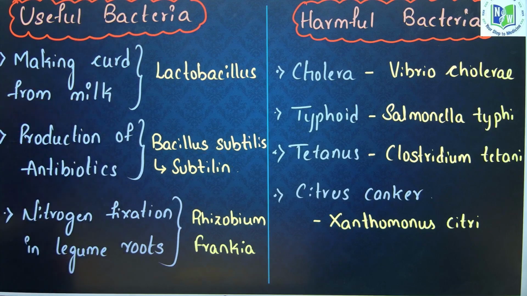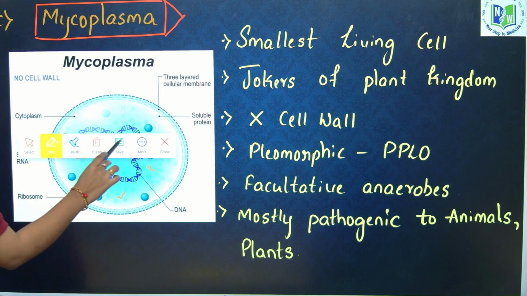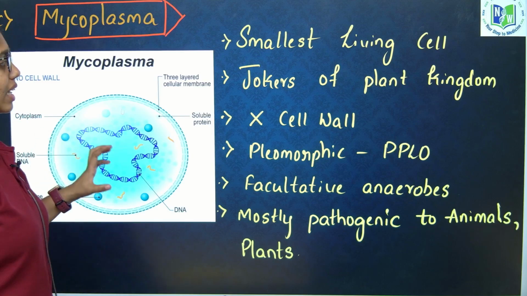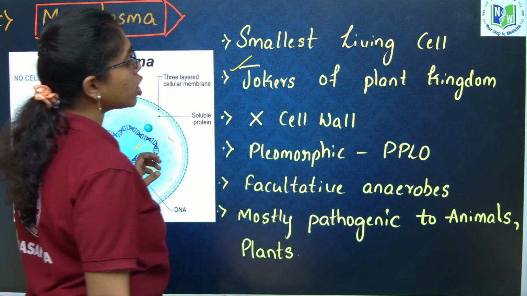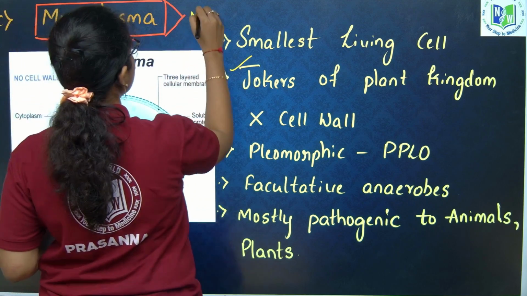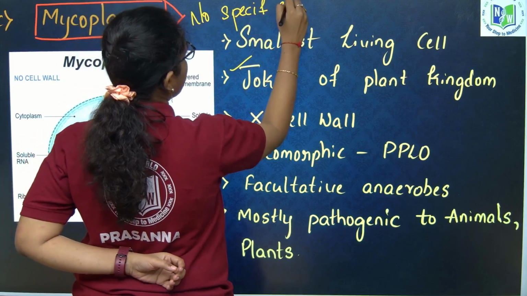Next, coming to mycoplasma. We have discussed in the beginning only, these are the smallest living cell. Mycoplasma is the smallest living cell and these are called as jokers of plant kingdom. It is because they don't have a specific structure.